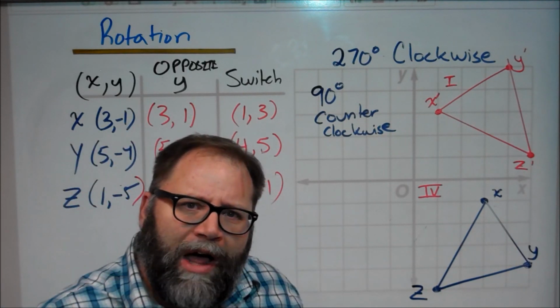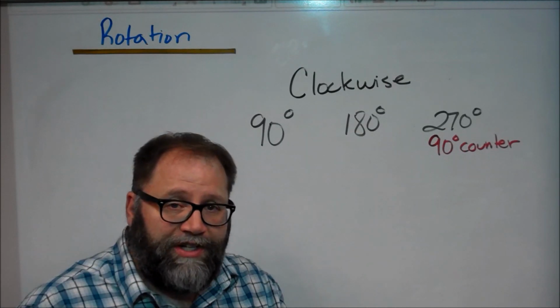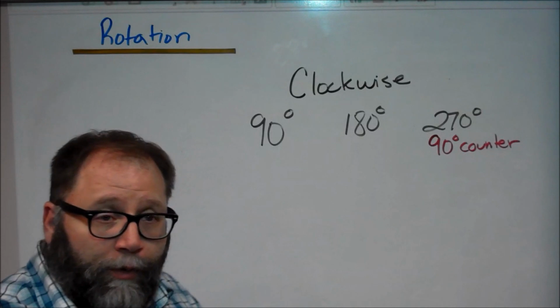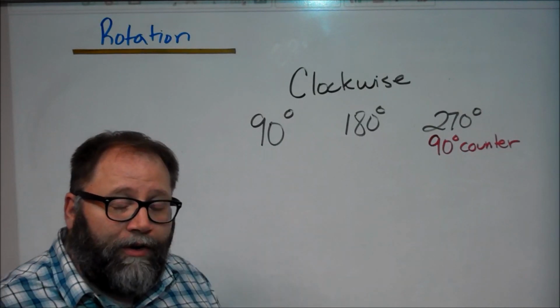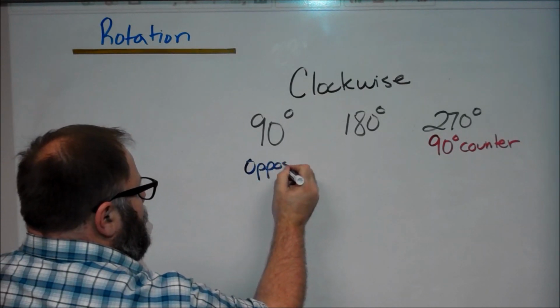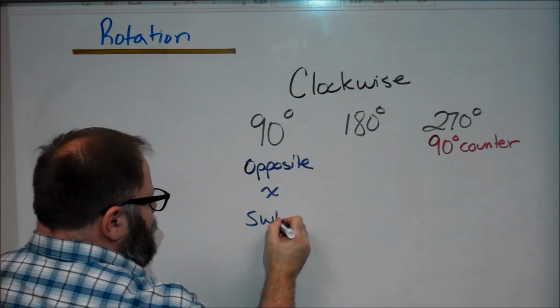Let's wrap it up, Mr. Romanovich. All right, just to go through this real quick, remind you what the rules are when we're exchanging those values to rotate shapes around the origin. So if we're rotating around the origin and we want to go 90 degrees, what we want is the opposite x, then switch.